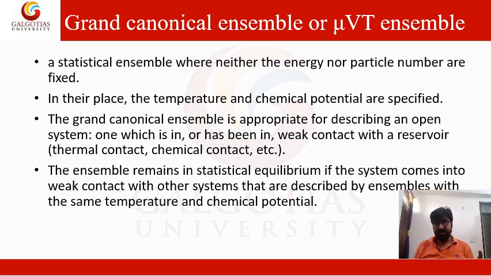We are doing a chemical reaction somewhere in the open, some hydrogen-oxygen reaction, and some of the hydrogen escapes out. So this is an open system. So here the chemical potential could vary. Similarly, energy variation of course takes place. So this type of ensemble will be the grand canonical ensemble.